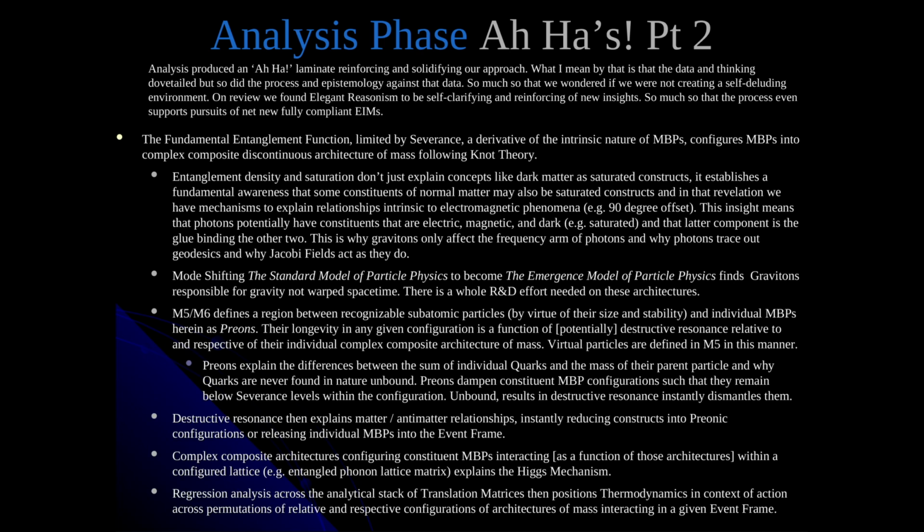And that margin, that delta mass, is the mass of the preons in the particle. That's what that mass is. Destructive resonance also explains matter-antimatter relationships relative to the symmetry in the configured particles. So the emergence model takes care of that.